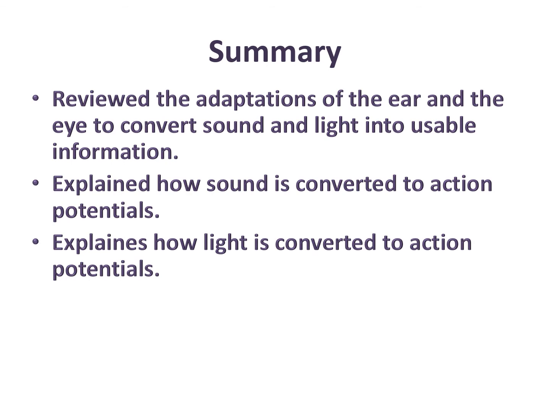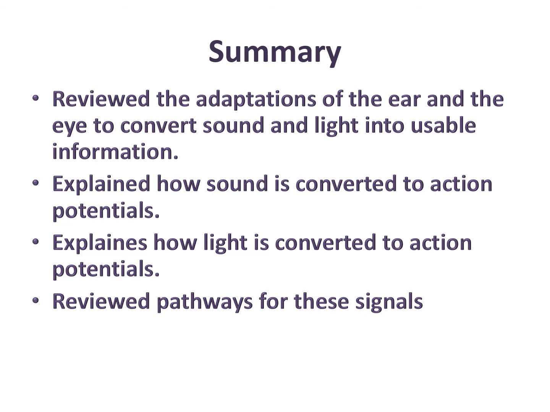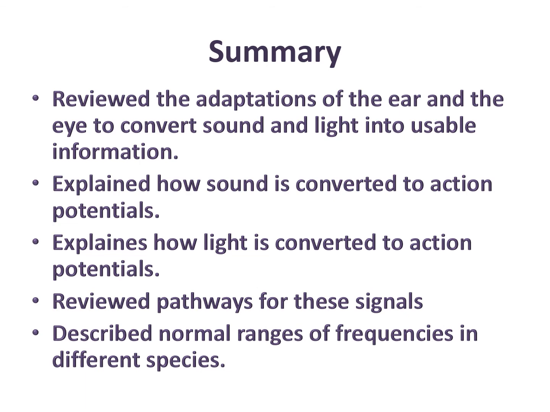In both cases, we also reviewed the pathway from the receptor organ to the higher centers where these signals are interpreted. Finally, we described the ranges of frequencies that these two systems use to generate information that animals can detect, and mentioned a few species differences.